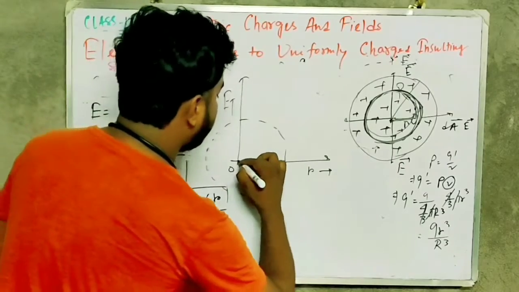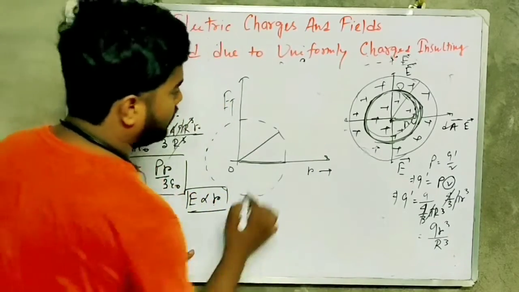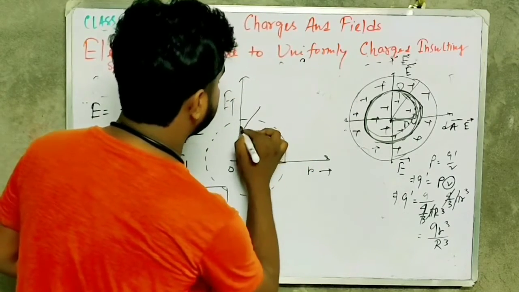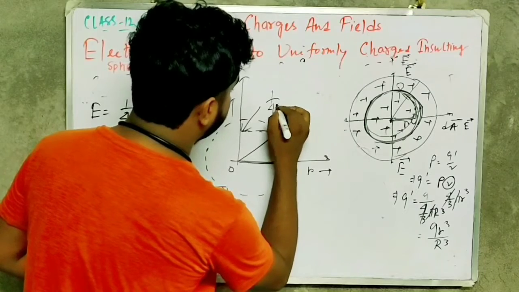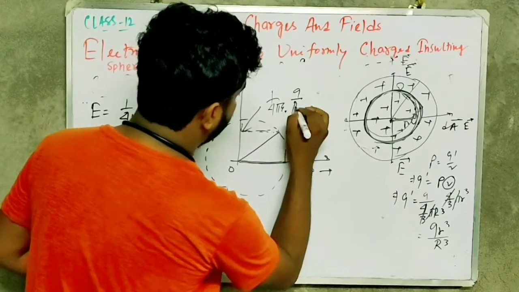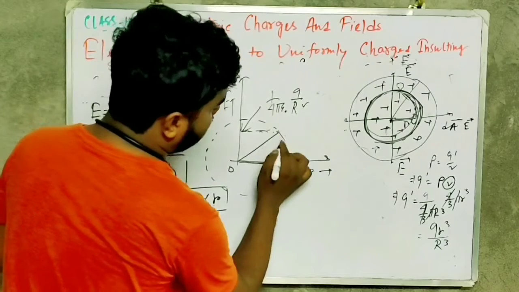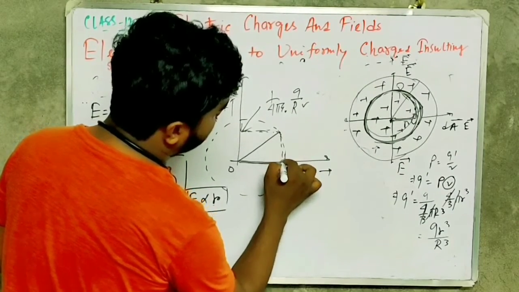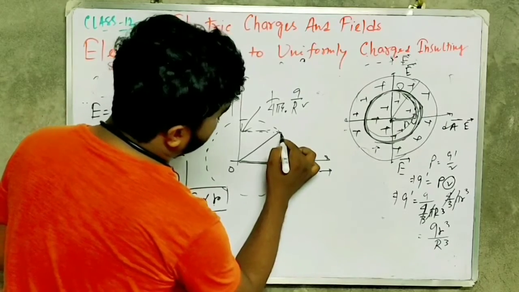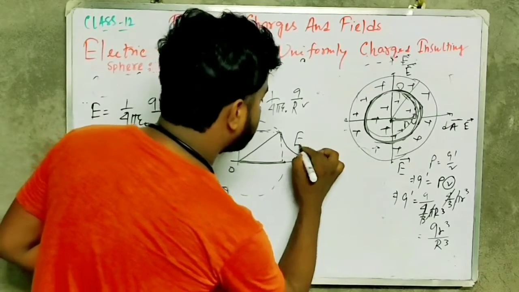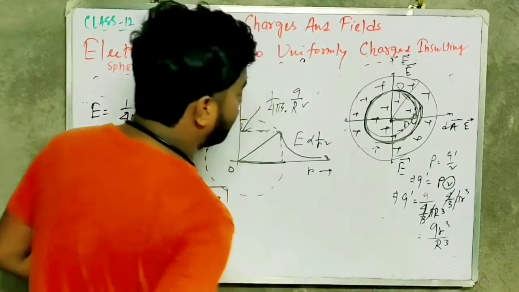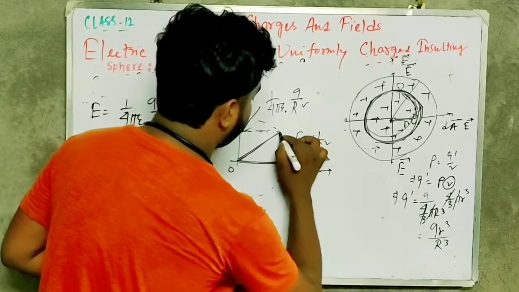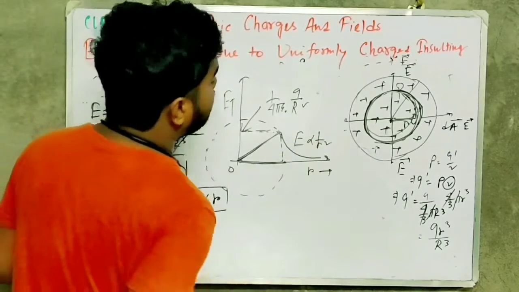So the graph will be a straight line, and at the surface the electric field is 1 by 4 pi epsilon naught q by capital R square, and after that the electric field nature will be E proportional to 1 by r square. So this is the diagram for electric field versus distance here.